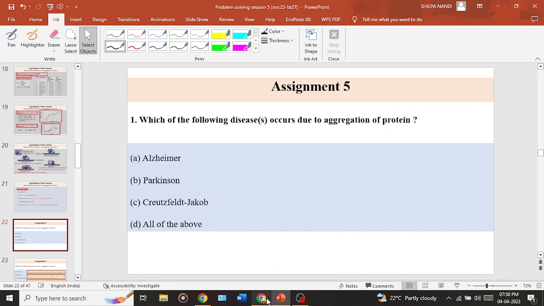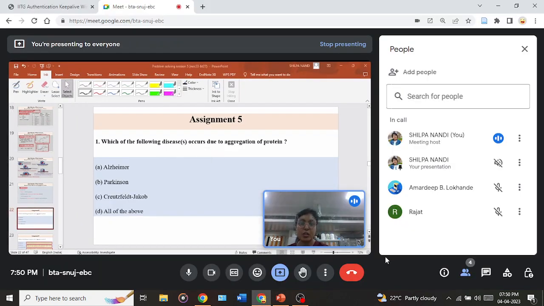So you can see the first question that has been displayed on your screens. The first question is, which of the following disease or diseases occurs due to aggregation of protein?